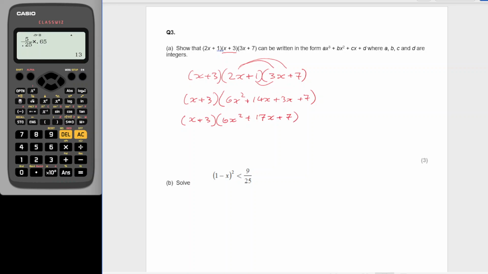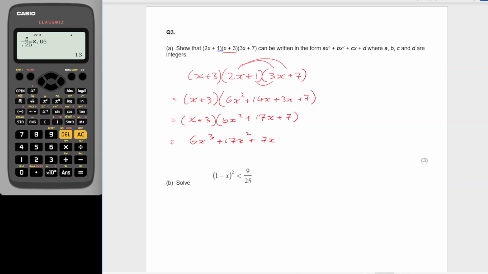Right. So I'm going to times everything by x, and I use a slightly different method for this. I tend to line them up just to make my adding easier. So if I times this bracket by x, I would get 6x cubed plus 17x squared plus 7x.